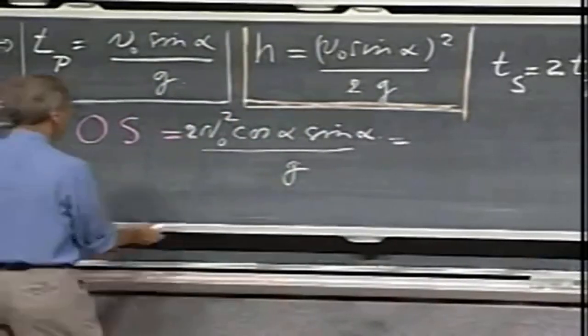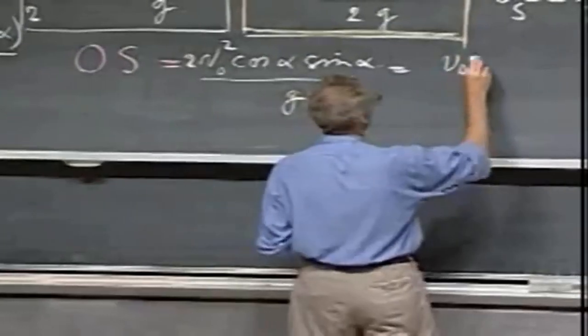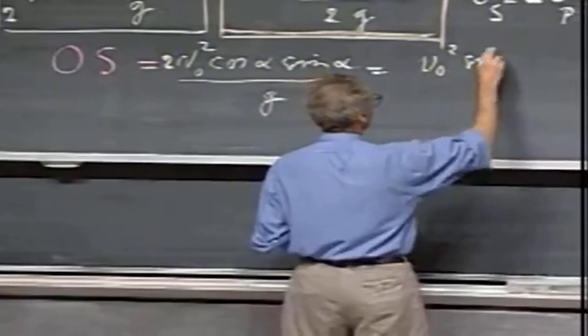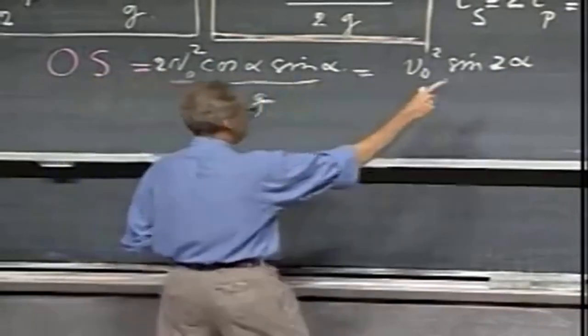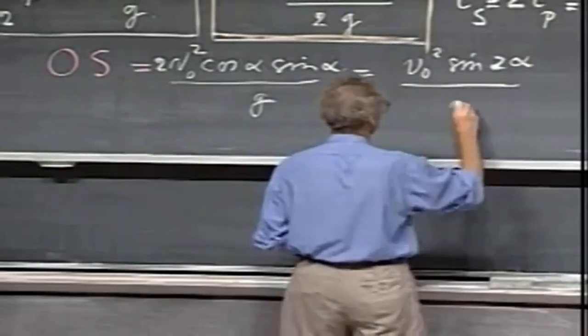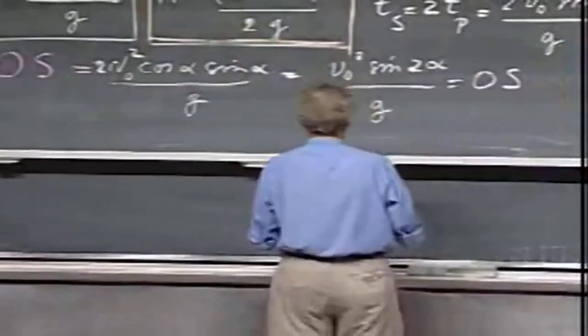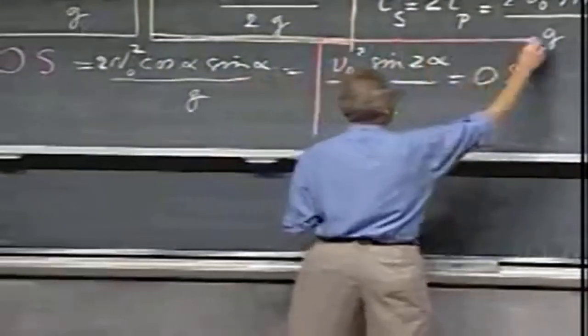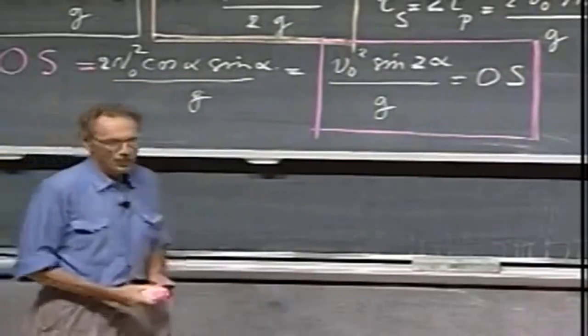And so the answer is v0 squared times the sine of the double angle. Remember, 2 cosine alpha sine alpha is the sine of 2 alpha, divided by g. And this is OS. And I'm going to need this a lot. This reminds me not to remove it.